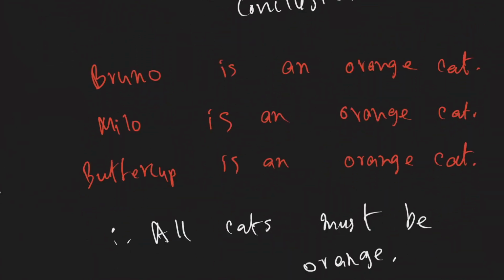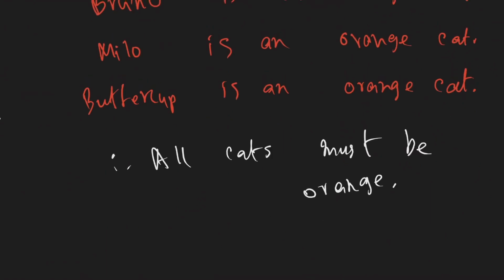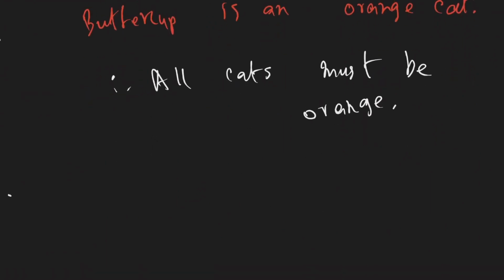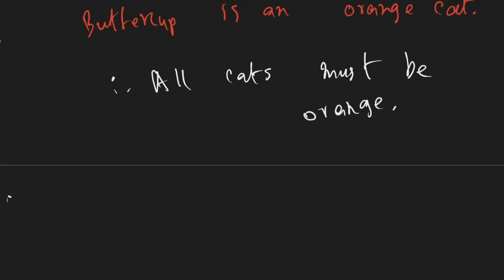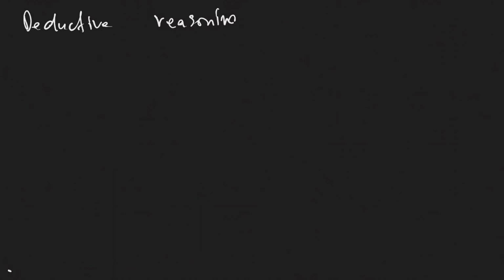So now we also have to understand deductive reasoning, because mathematical induction, even though it's called mathematical induction, uses deductive reasoning as well. So deductive reasoning is just when you have a bunch of statements. You assume that these statements are true.